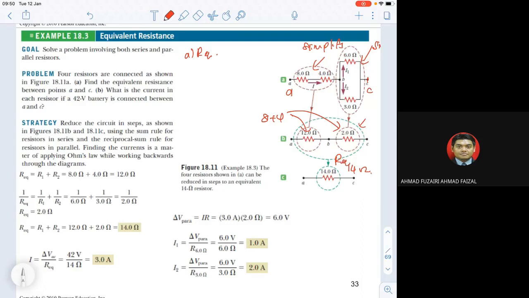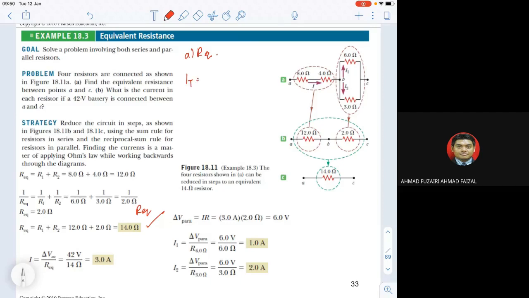And part B asks what is the current in each resistor if a 42 volt battery is connected between A and C. First they found the R equivalent, and next they find the I total.